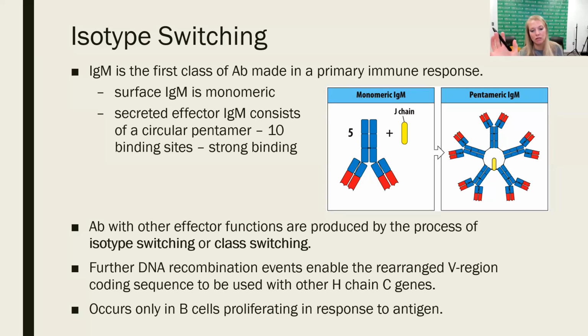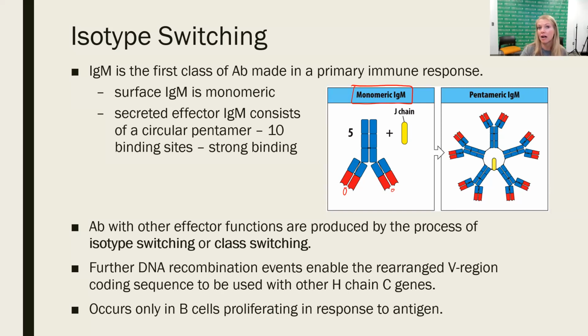The first part of this is just showing that IgM in its bound form is monomeric, and it has 2 antigen binding sites.